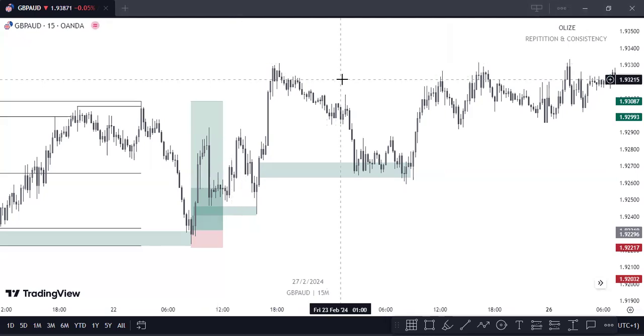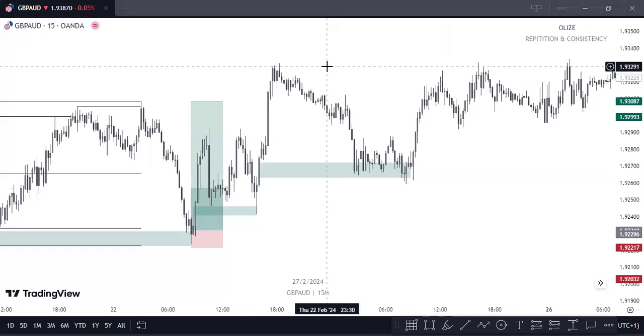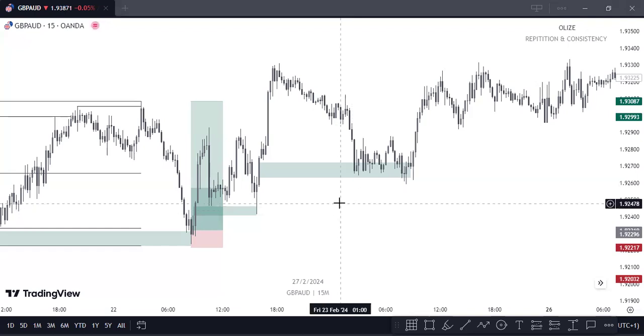Just like this now, we had a liquidity. So we spotted the liquidity from the higher time frame. After price sweeps liquidity, we now went to lower time frame to get our entry. So what if there was no liquidity or any other POI from the higher time frame? What do we do?